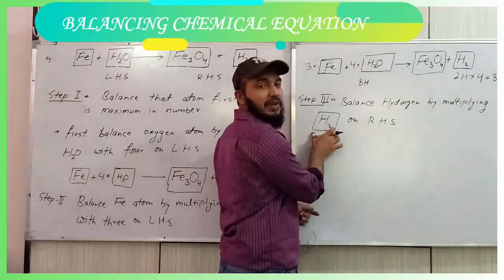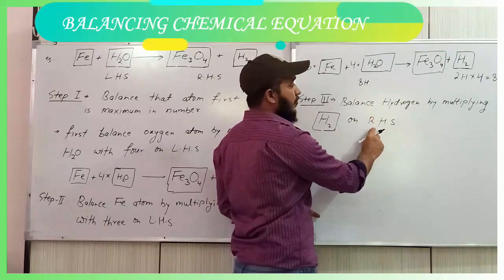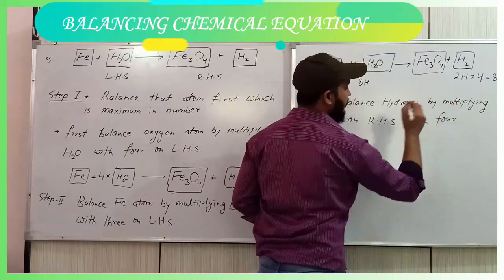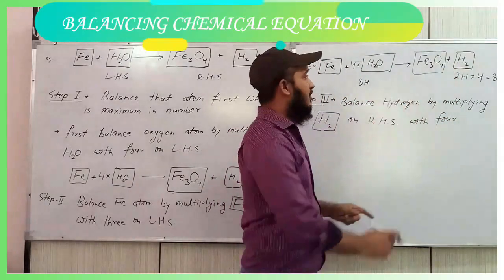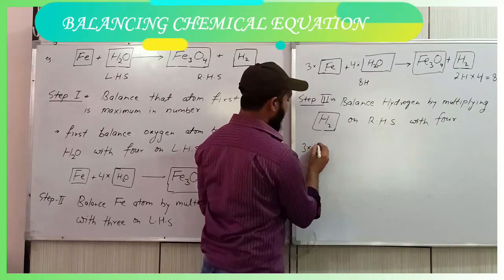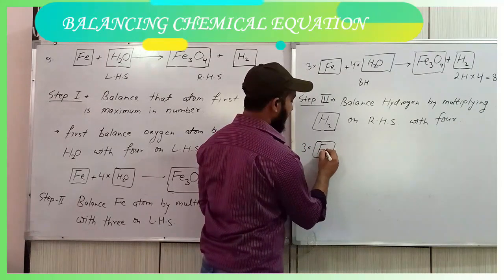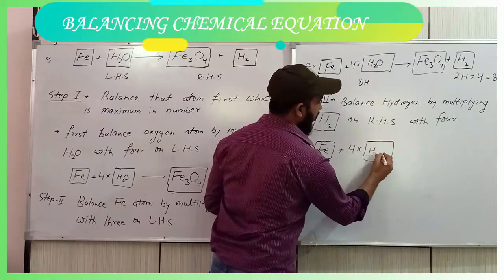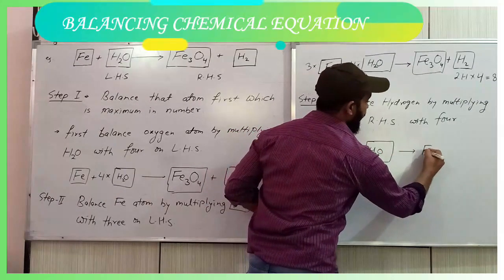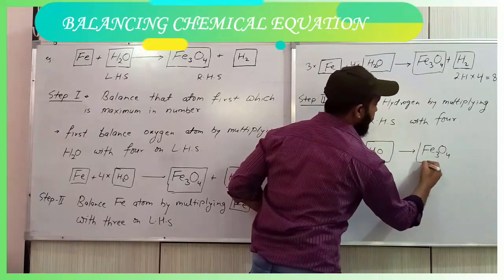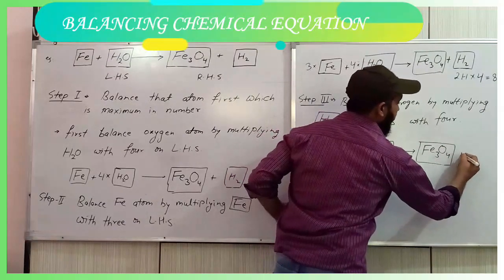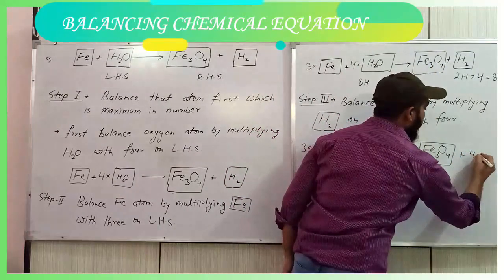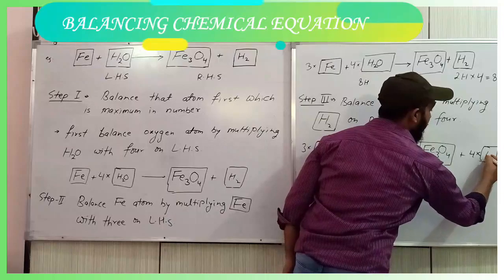So we have to multiply the H2 molecule with 4 on right hand side. So now we write 3 multiply Fe plus 4 multiply H2O gives Fe3O4 plus, now here we have to multiply this H2 with 4. So 4 multiply this H2.